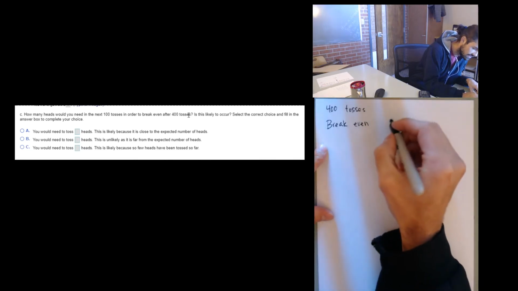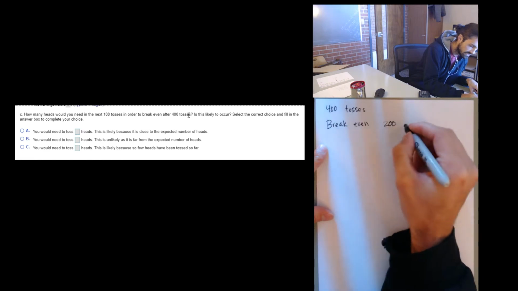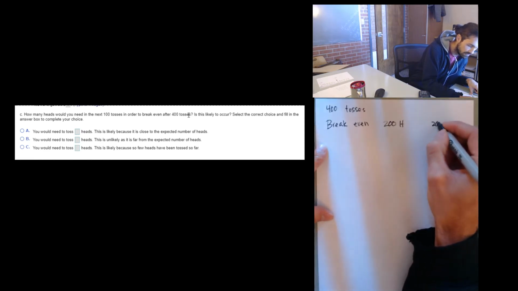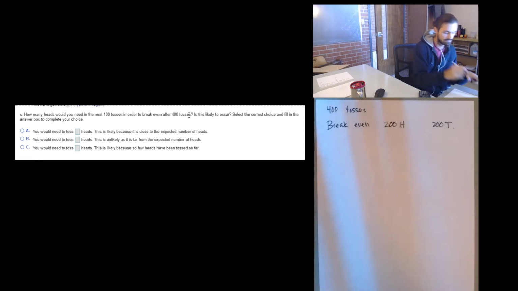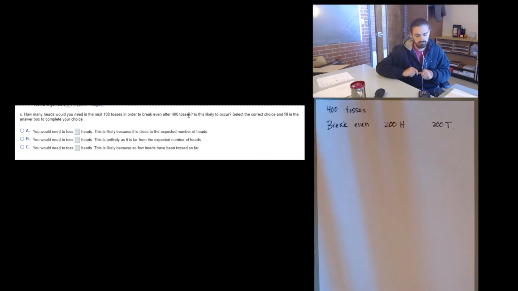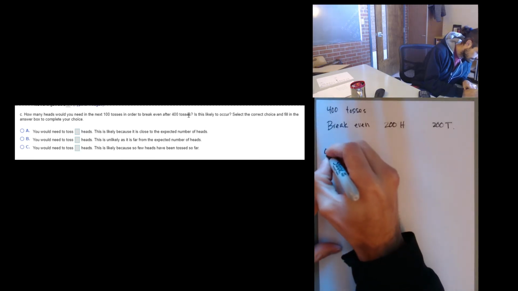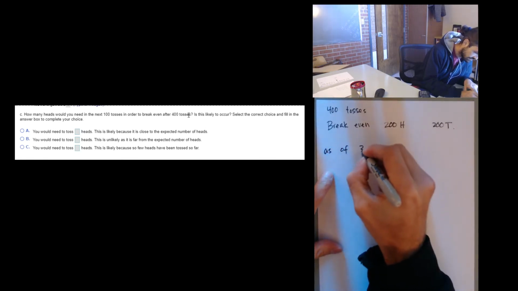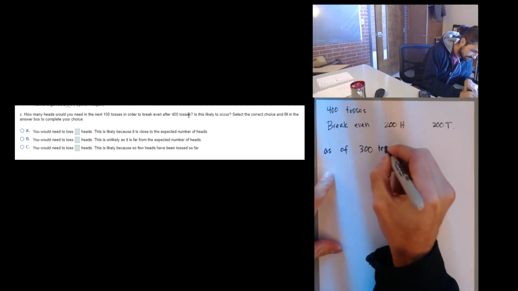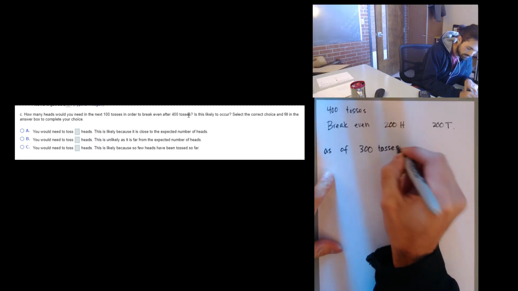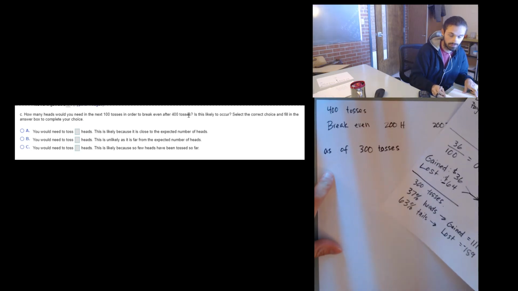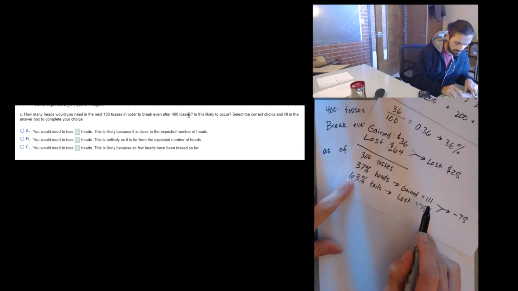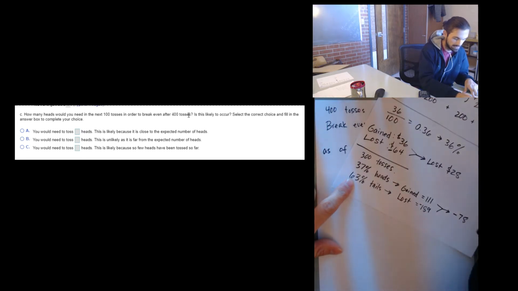Well, breaking even means 200 heads and 200 tails. And so, as of 300 tosses, so we see from before with the 300 tosses, we had 111 heads and 189 tails.